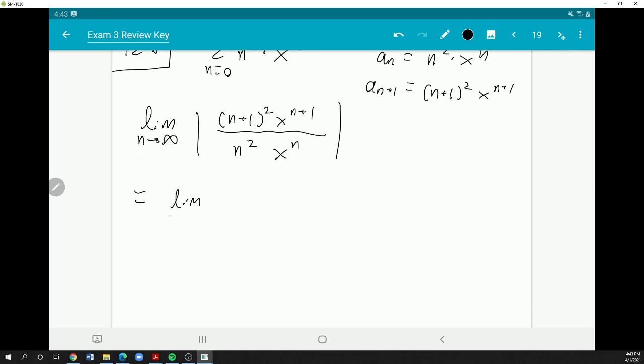And so we get the limit as n goes to infinity of (n+1) squared over n squared times x, right? Because x to the n+1 is x times x to the n.